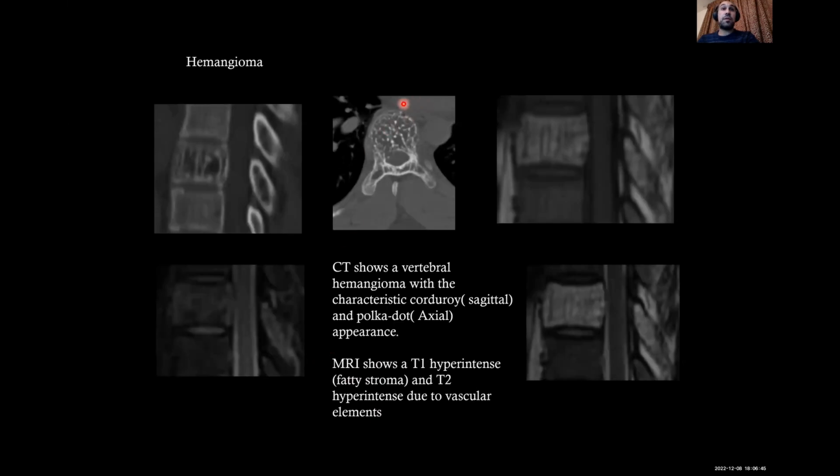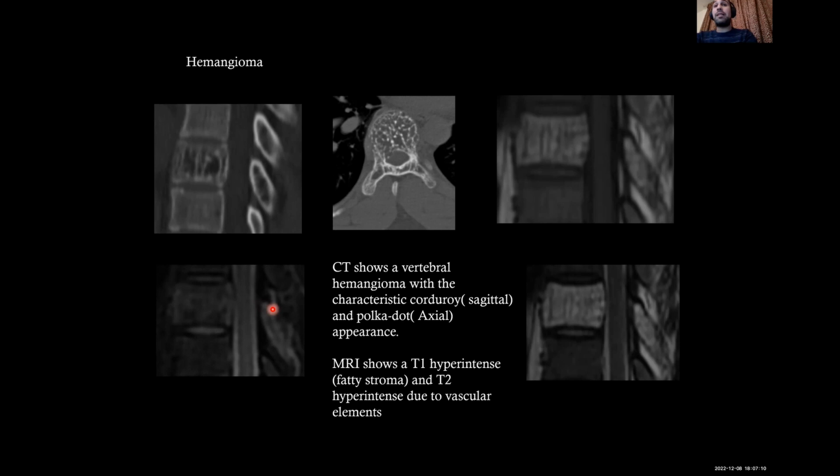Here it is, Volkmann's sign, hemangioma, striation. And in the MRI, it is low in T1, and it could be high in T1 if there is fat signal, fat-rich hemangioma, high in T1 and lower in the fat suppression sequences. But if atypical, it can present with high signal.